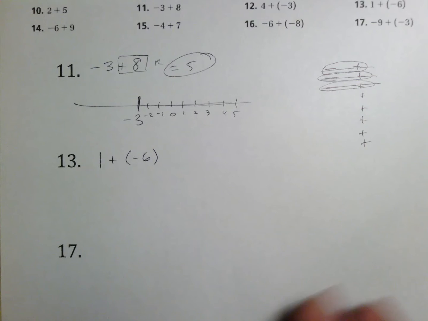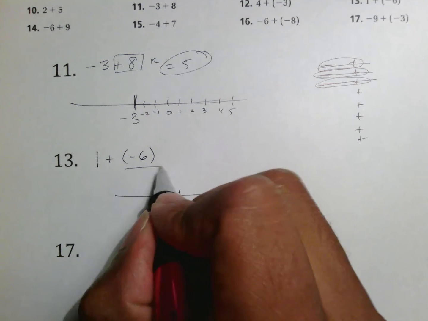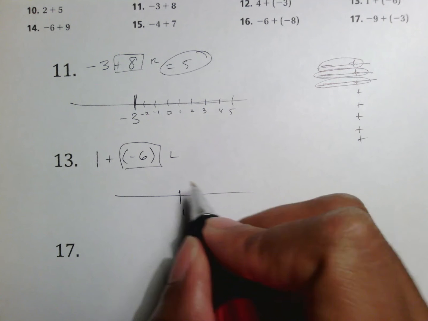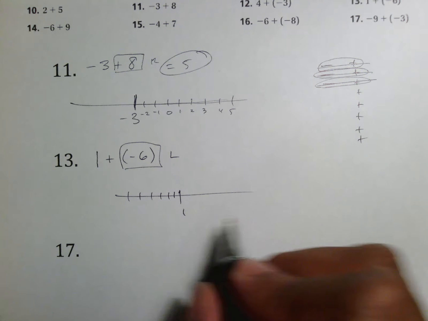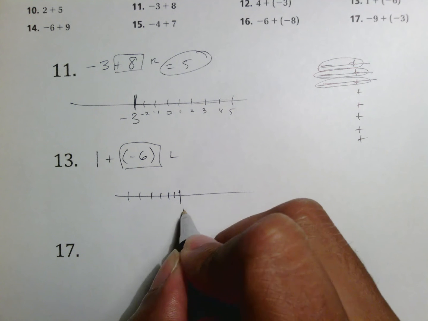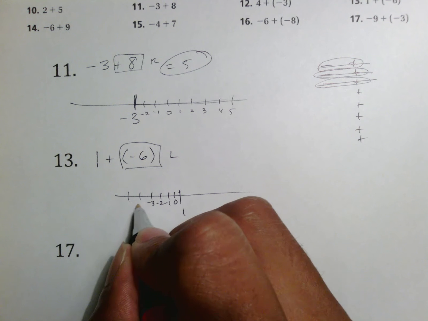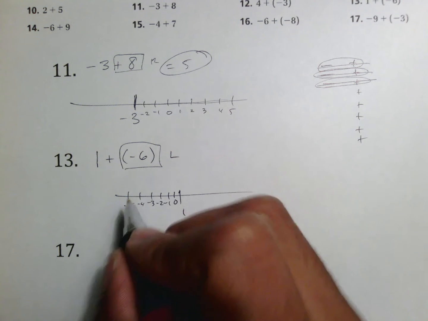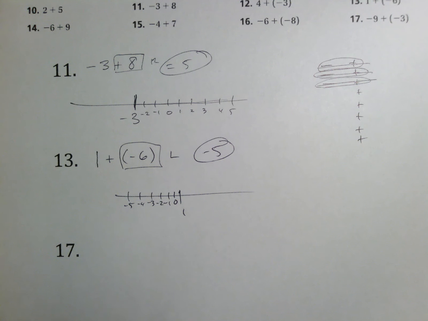Looking at number 13, 1 plus negative 6, number line way, we start with 1. The negative 6, because it's negative, means we go to the left, so we go 1, 2, 3, 4, 5, 6, and we fill in the rest of the numbers. 1 going backwards leads to 0. Negative 1, negative 2, negative 3, negative 4, negative 5, which means our answer is negative 5.